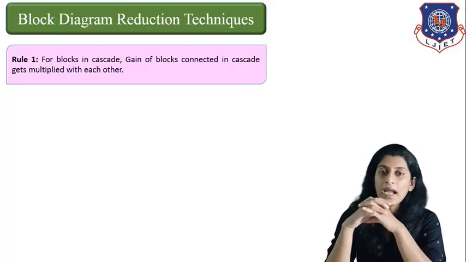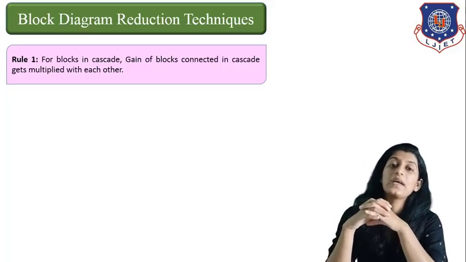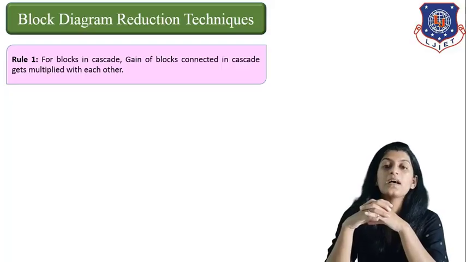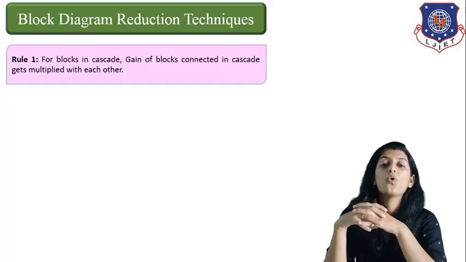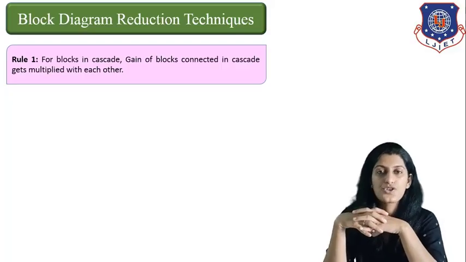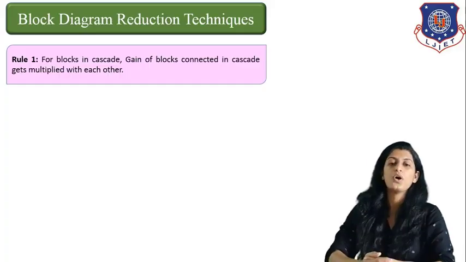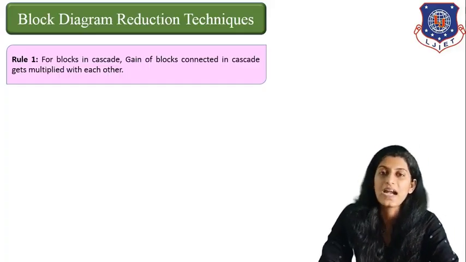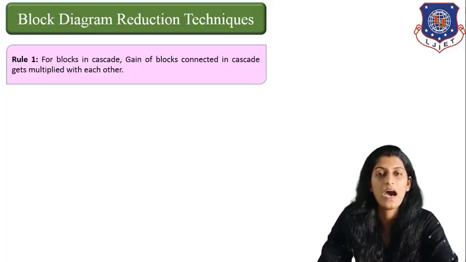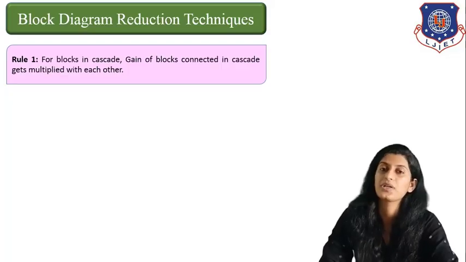Basically, there are 8 different rules which are used for block diagram reduction, or to determine the overall transfer function of any given system. So, we will start with the first rule of our block diagram reduction technique.